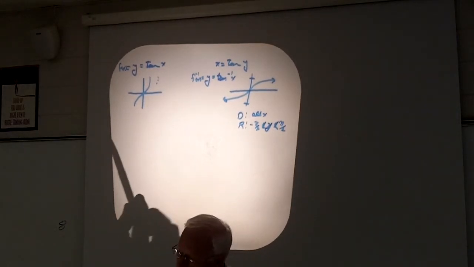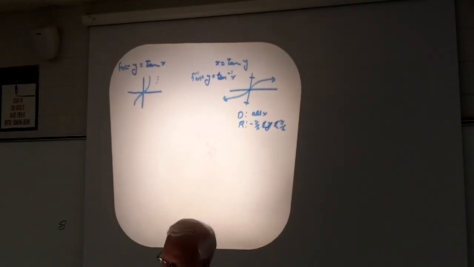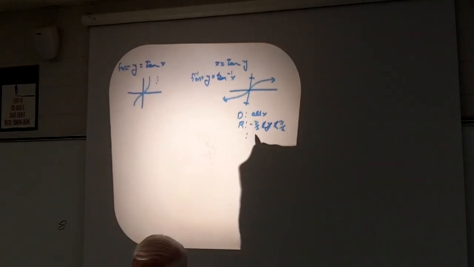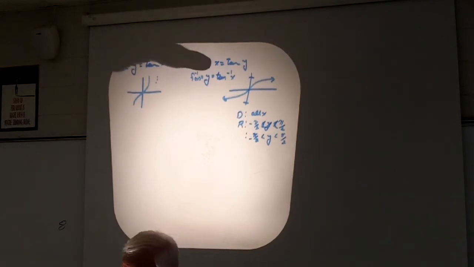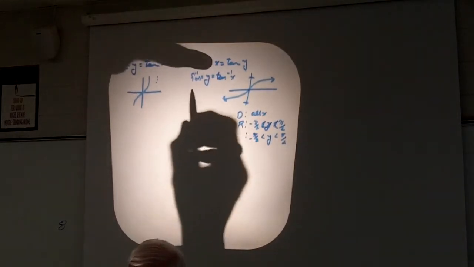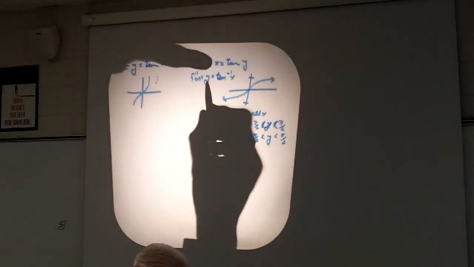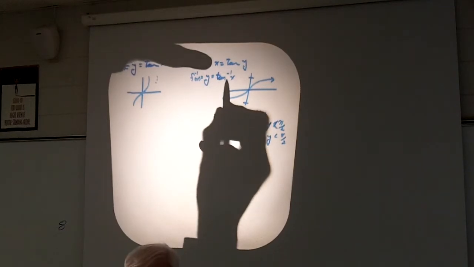Okay? Is that the same for the other ones? No, it's not for the other ones. This one is this one: negative pi halves is less than y is less than pi over 2. Okay, now we're going to start off with this one, where we can handle it. What we're trying to do is find this one's derivative.